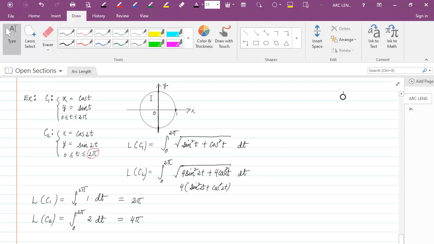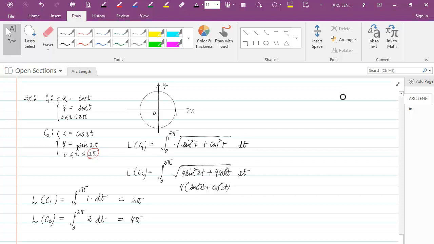However, if I am thinking of the circle as the path of a moving object, and the object is tracing the circle twice, then this is going to give us the distance traveled by the bug. So in terms of distance, this would be okay. But if we are strictly finding the length of the curve, then we must use the first parameterization here, not the second one, because the second one traces the curve more than once.